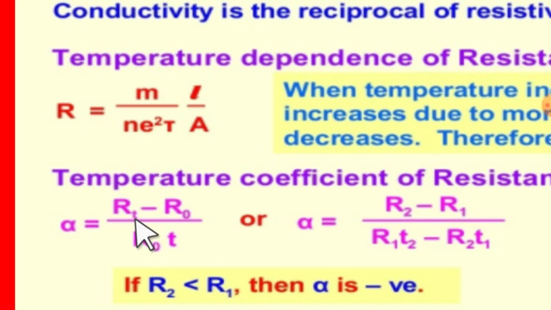We know that when temperature increases, resistance increases, right? So the rise in resistance is RT minus R naught. And this rise is directly proportional to the original, or rather the initial, resistance, and also directly proportional to the rise in temperature.